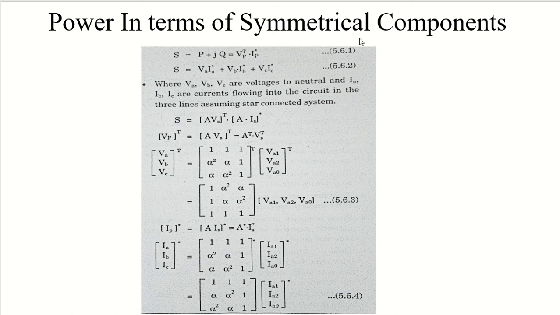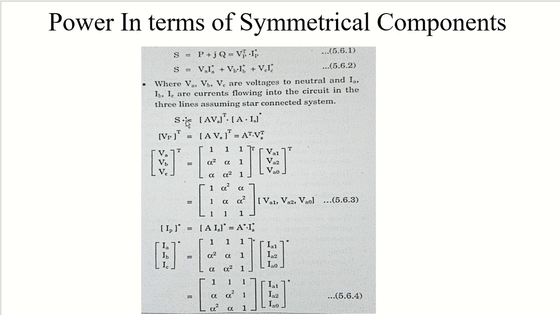I will assume that you already know that, so we will start with this formula: S is equal to A into Vs transpose, multiplied into A into Is conjugate. So here we want a transpose and then we want a conjugate as well. Transpose for voltages and conjugate for current, right?